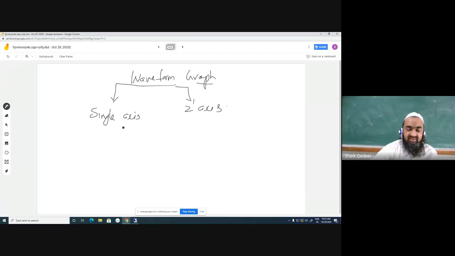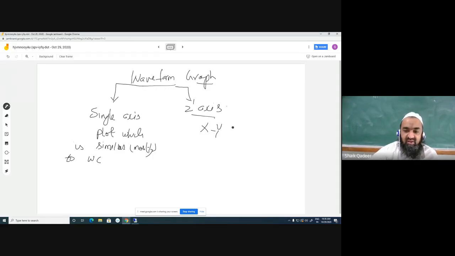One is single axis plot, which is mostly similar to waveform chart. Another one, two axis, which is also called XY graph. XY graph. Please note this down.